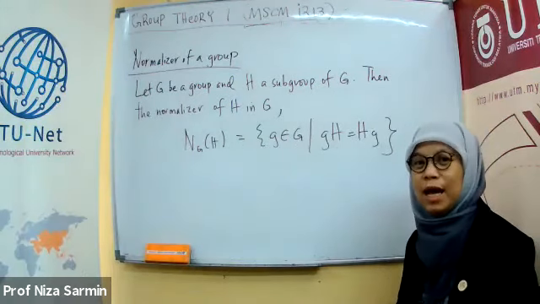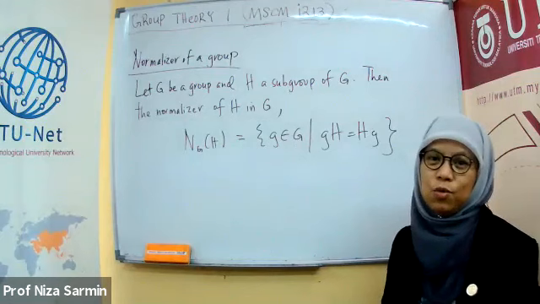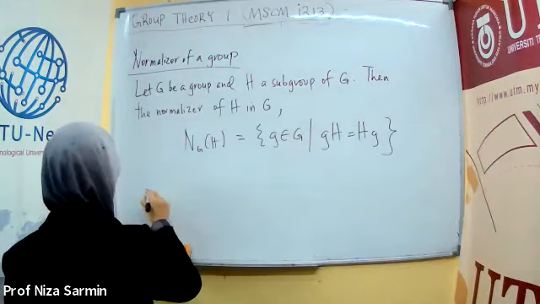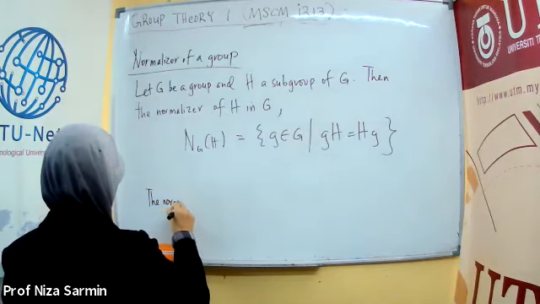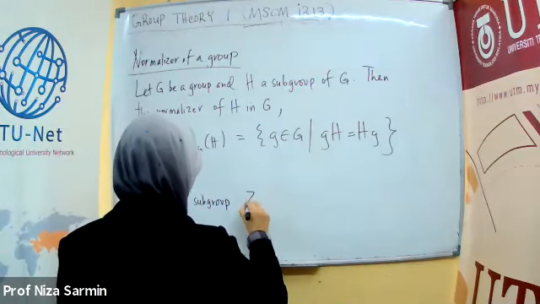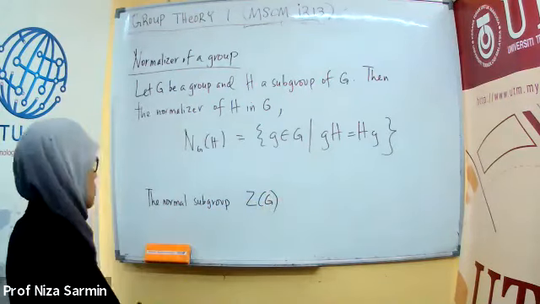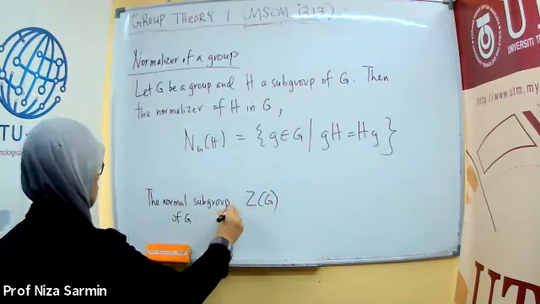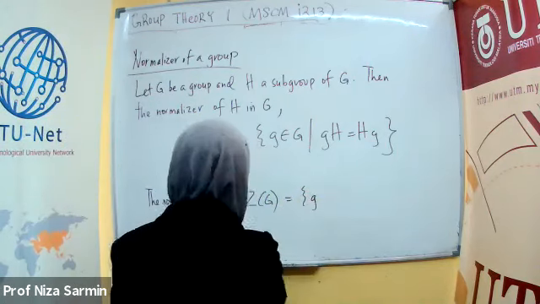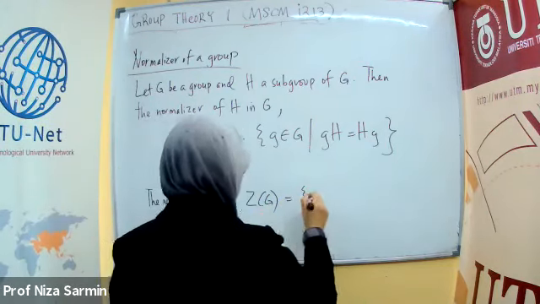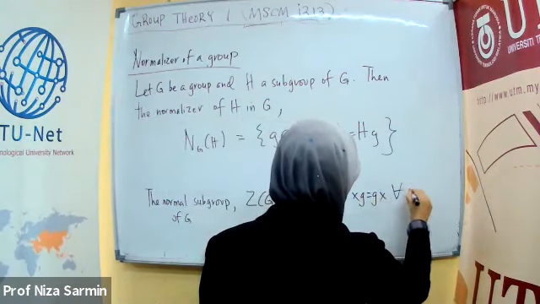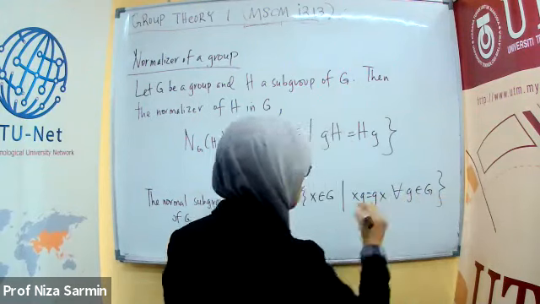The normal subgroup are elements that commute with all other elements in the group, right? The normal subgroup of G is {x in G : xg = gx for all g in G}.